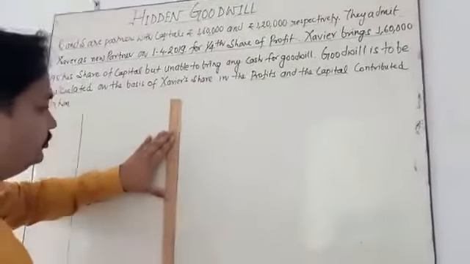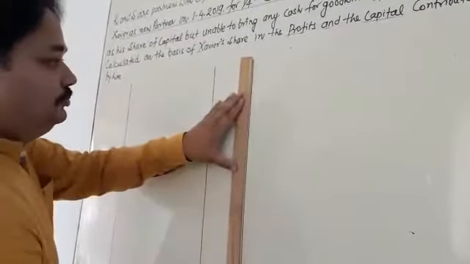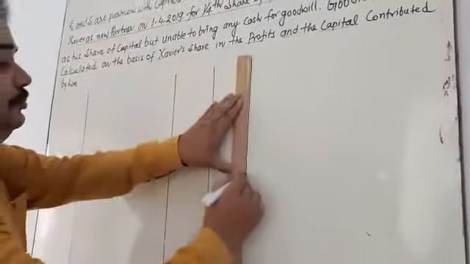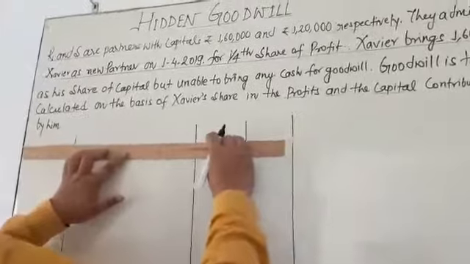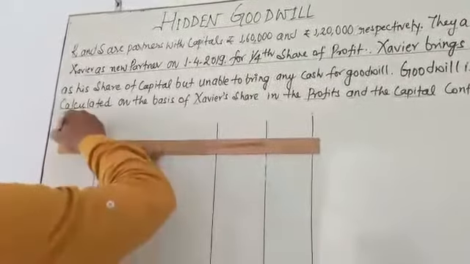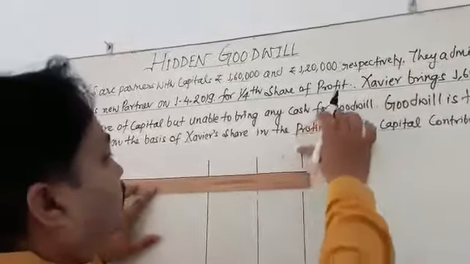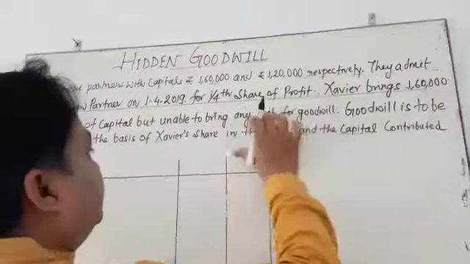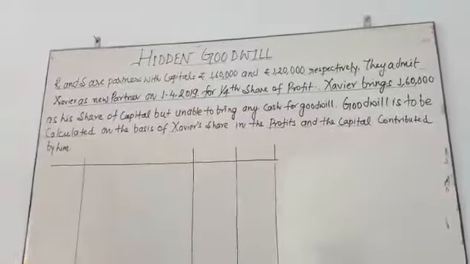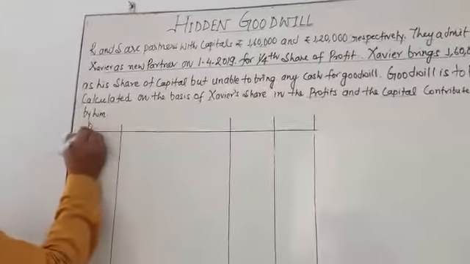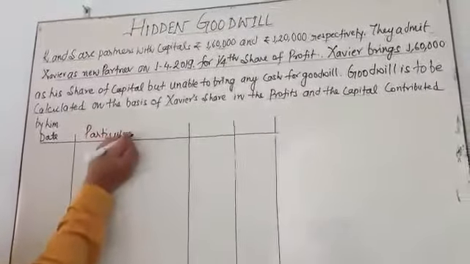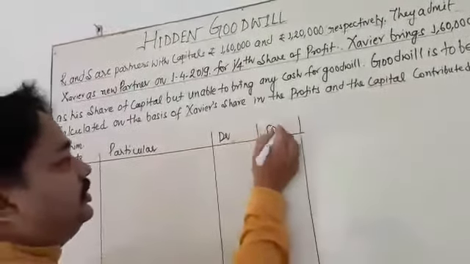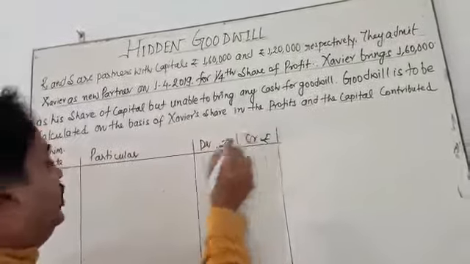Date, particulars, debit, credit, amount you have to record.